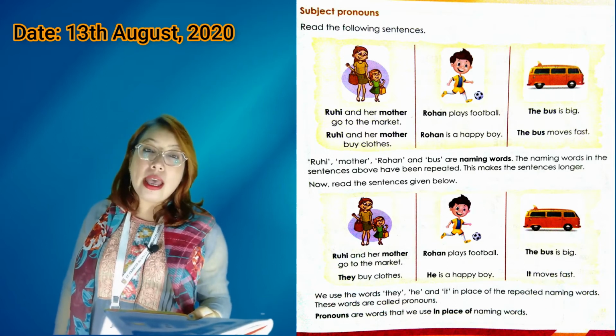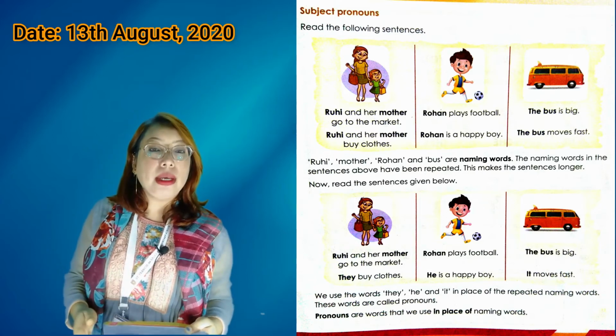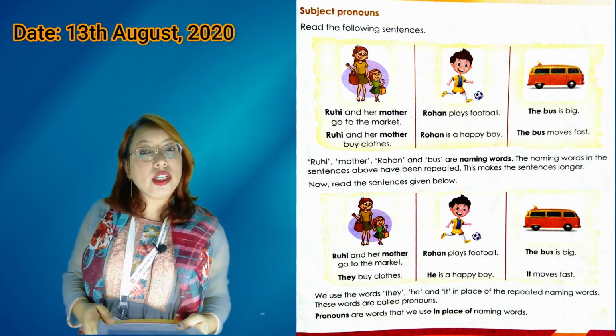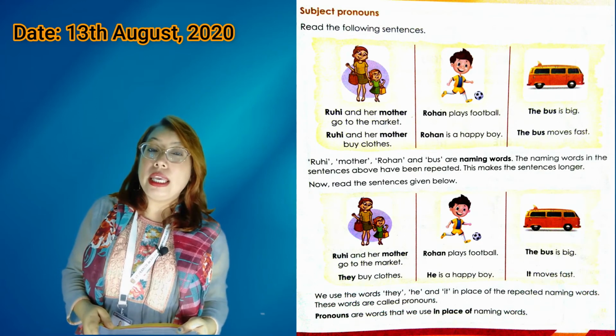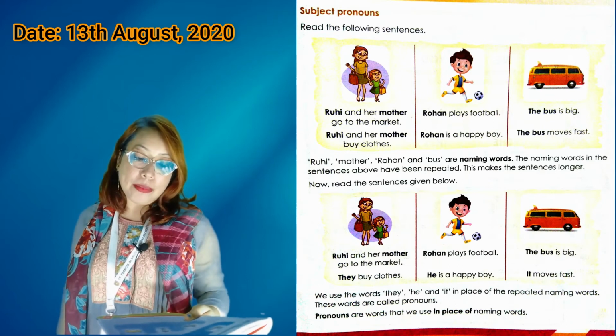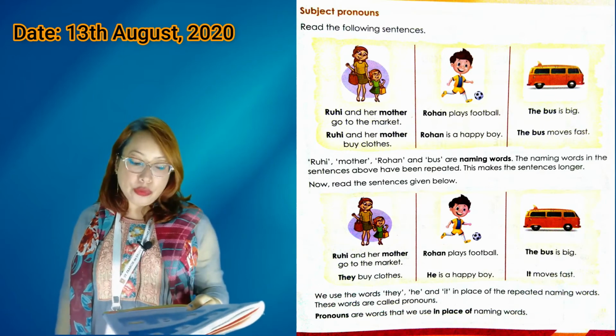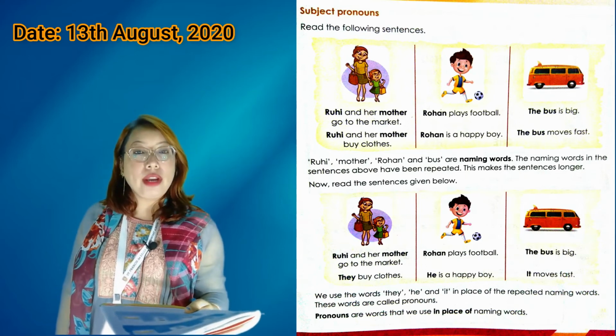Rohan is a happy boy. So Rohan is being mentioned 2 times, no? We can change it, right? Which pronoun can we use for boys, male? Yes, we can use he. Please see the example there. Rohan plays football. He is a happy boy, right?